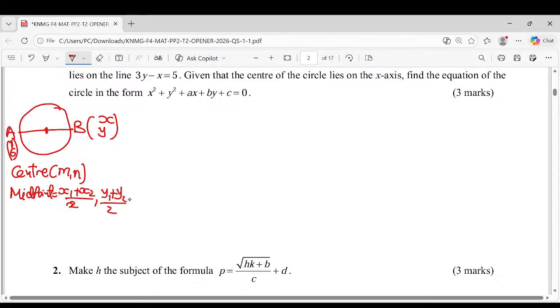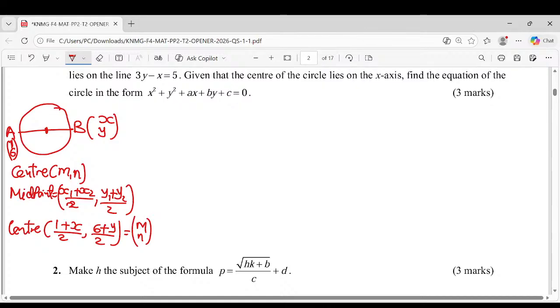So for us to get the center, we have (1 plus x) divided by 2, comma, (6 plus y) divided by 2. This should give me my center, which I've said let it be (m, n).